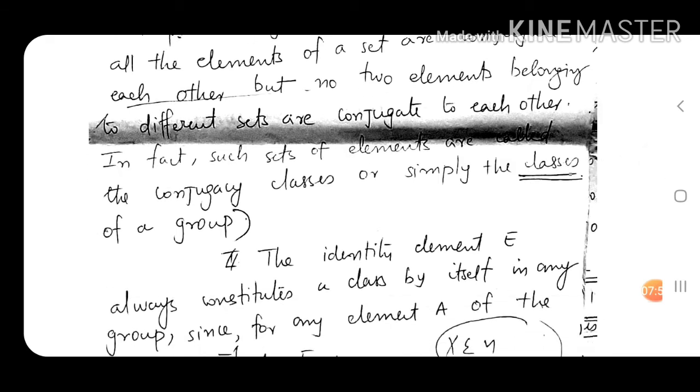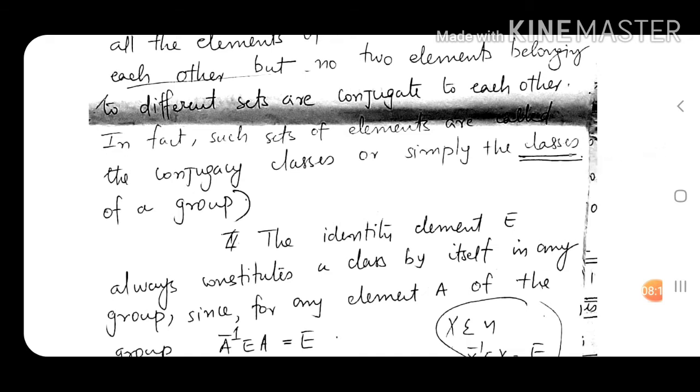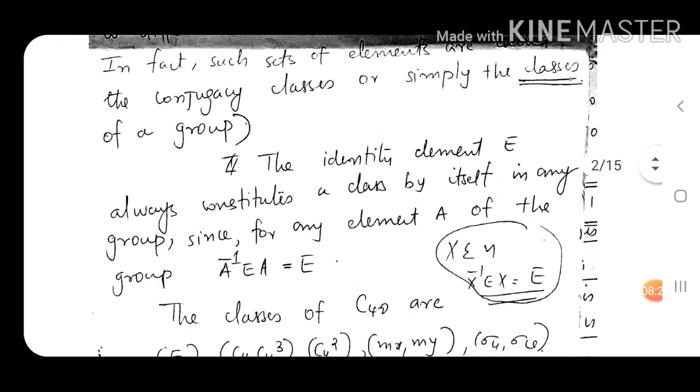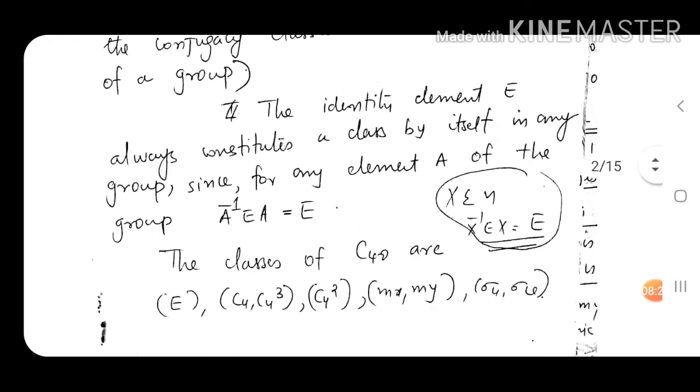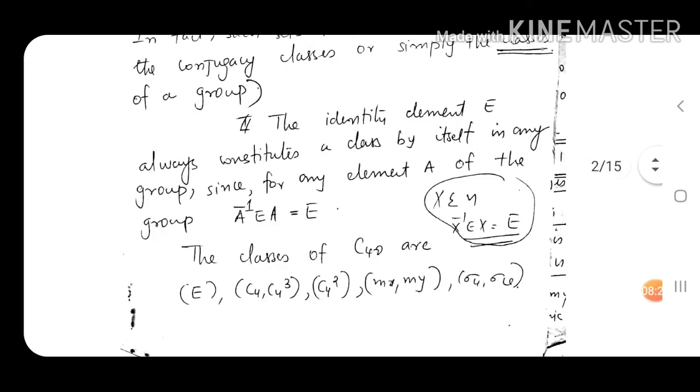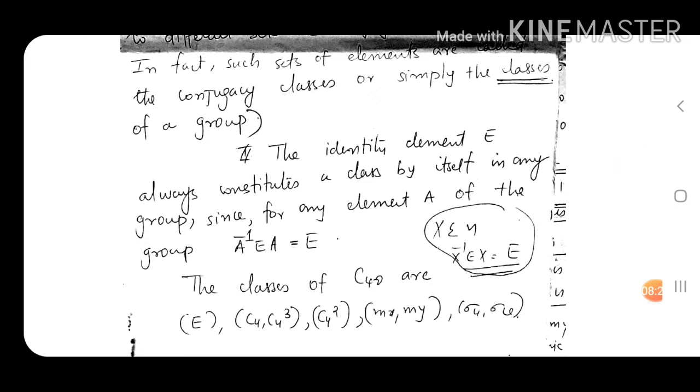So you take a group, you try to find the conjugate elements and form sets such that elements in a set are conjugate to each other, but no two elements belonging to two different sets are conjugate. Such sets are called conjugacy classes, or simply the classes of a group. Now the identity element always constitutes a class by itself.